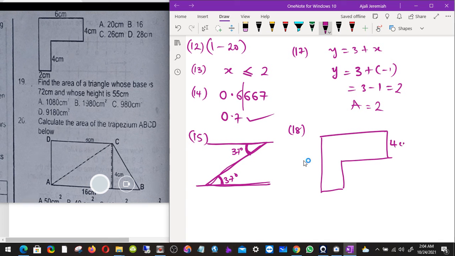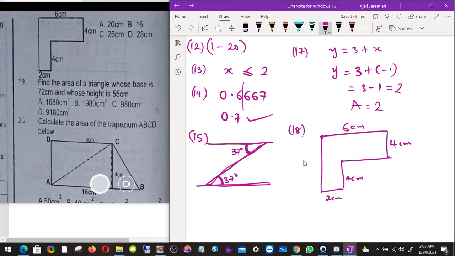Here is 4 centimeters. Here is 6 centimeters. Here is 4 centimeters, and here is 2 centimeters. Okay, perimeter is the distance around the shape, so I want to go around the shape from here back here. So here to here is 6, here to here is 4, here to here wasn't given directly, it was given indirectly.